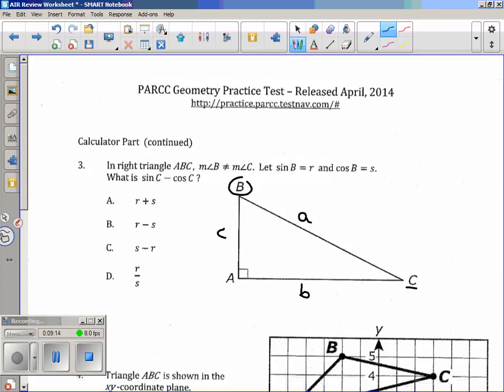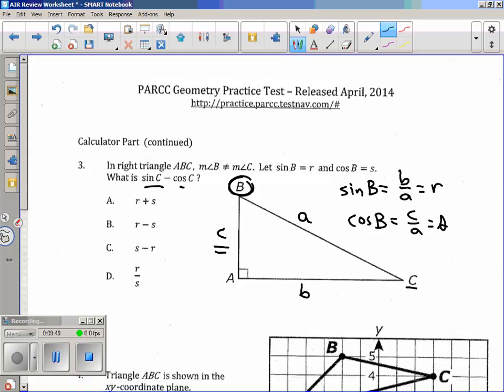So in terms of this picture, the sine of angle B, well, sine is the opposite, which is B, over the hypotenuse, which is A. So the sine of B is equal to little b over little a, which they told us was R. And the cosine of B is the adjacent, which would be C, over the hypotenuse. So C over A is the same thing as S.